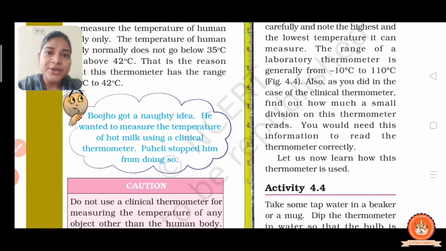That's why you get the accurate temperature there. If you take out the laboratory thermometer without taking the reading, you cannot get the accurate result, right?